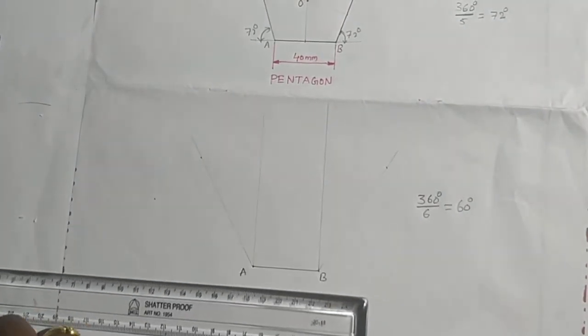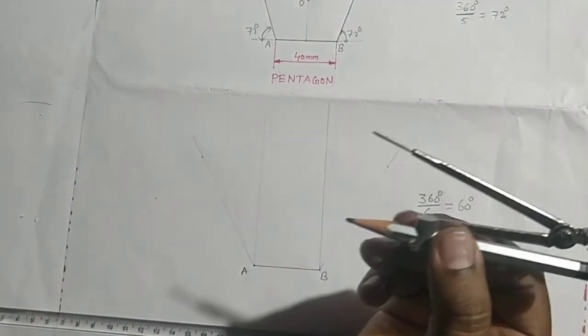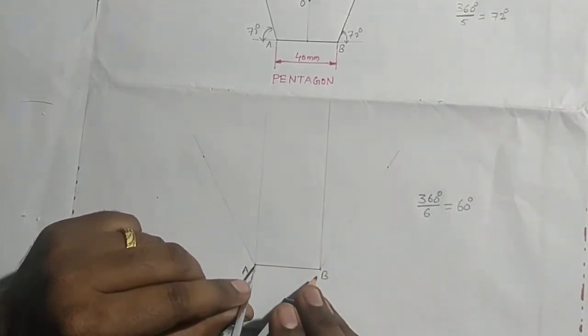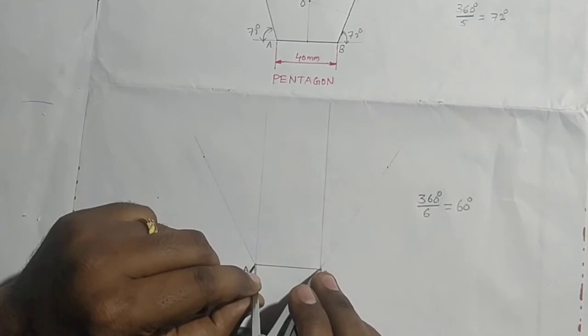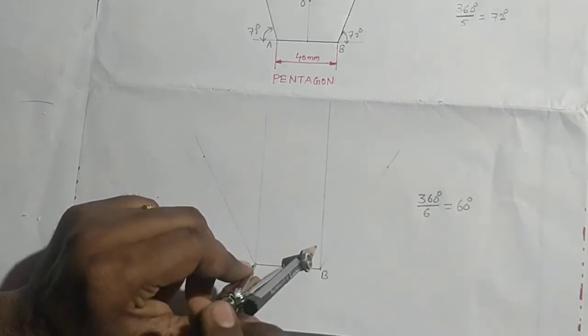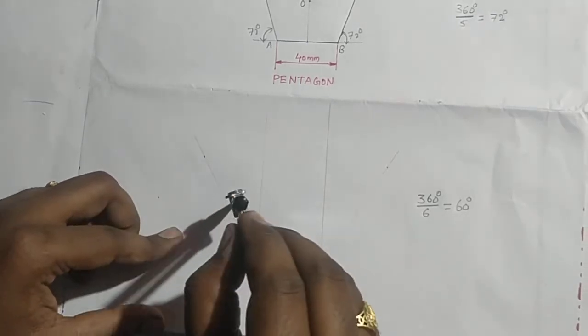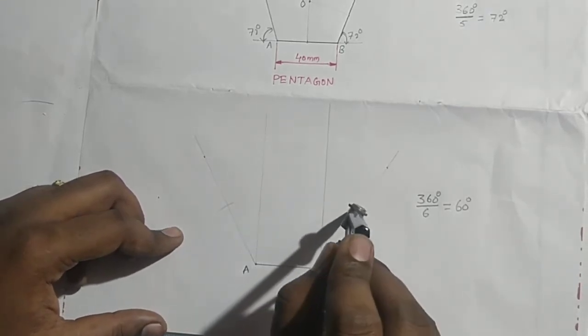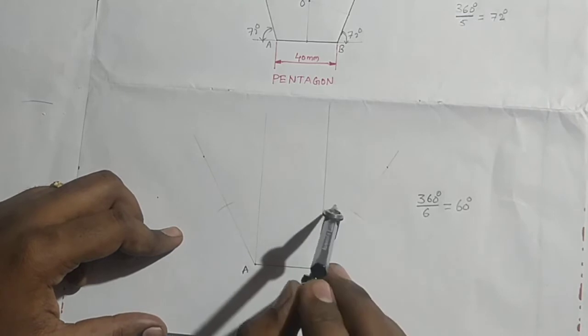Next, by using a compass, take the radius as AB, A as center, cut this left inclined radial line, and B as center, cut this line. We got 2 points.